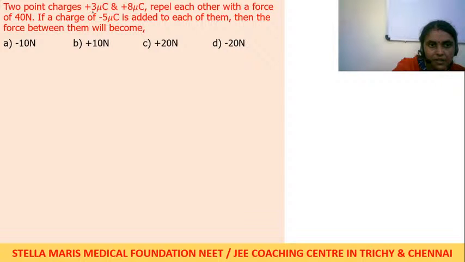They have given two charges, plus 3 mu C and plus 8 mu C, and also 5 mu C of charge is added to both of them, okay? So then what will be the new force? That is the question, okay? The options are also given in this question.